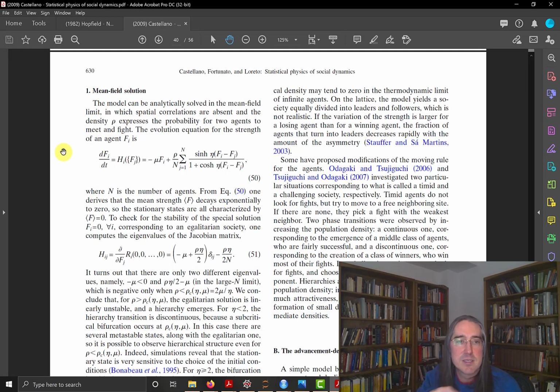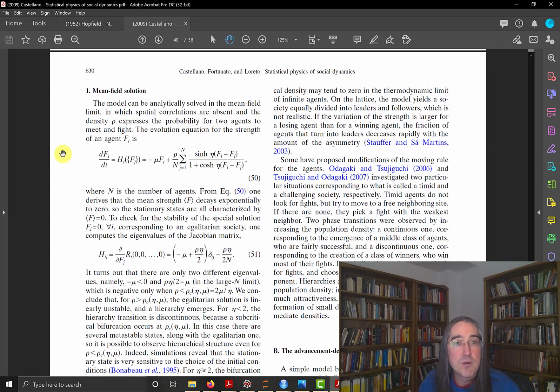Saying assume every site is about the same as every other, then the density rho, remember this is sort of the fraction of sites that are filled, that gives you the probability that you're going to have a meeting and a conflict. And so you get this differential equation that tells you the rate of change of the strengths.